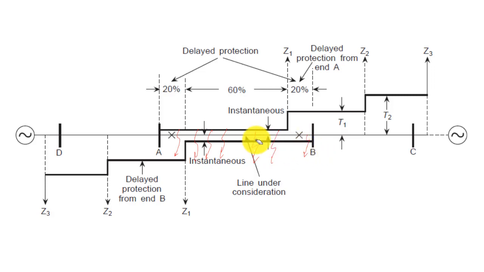So whether the fault is towards the end or towards the middle does not matter, the line should be tripped instantaneously, and the circuit breakers at both ends should trip instantaneously, right. That is the requirement.